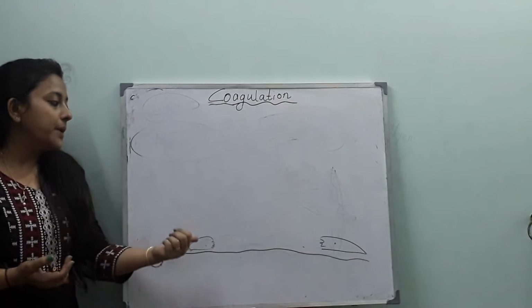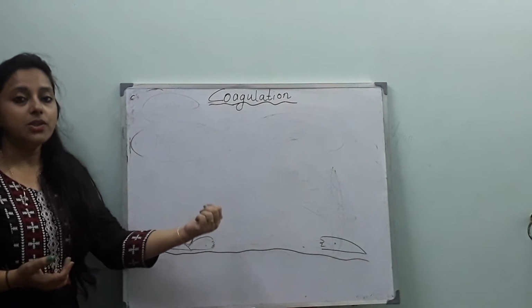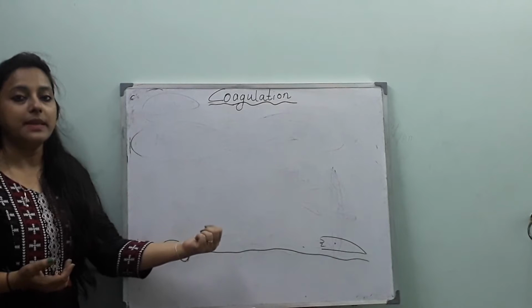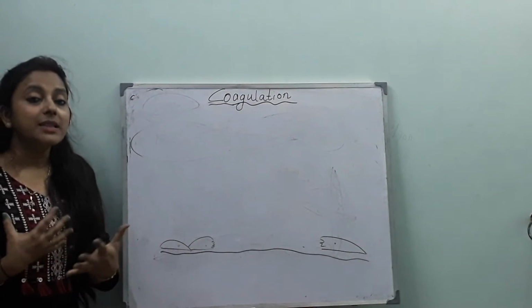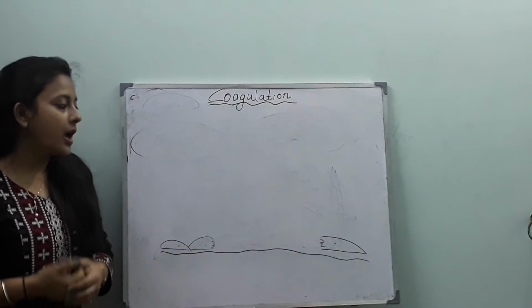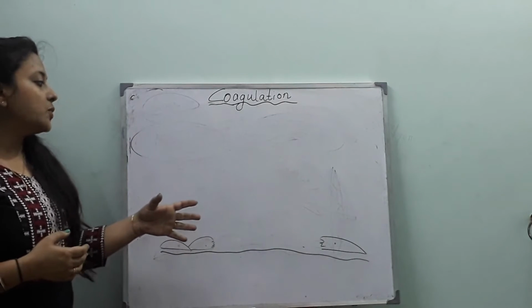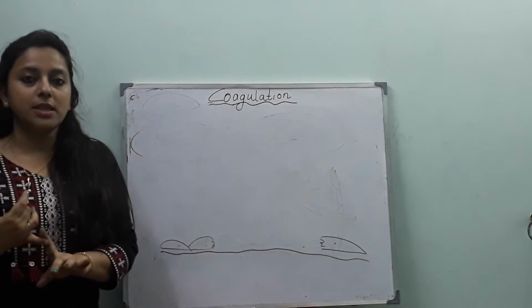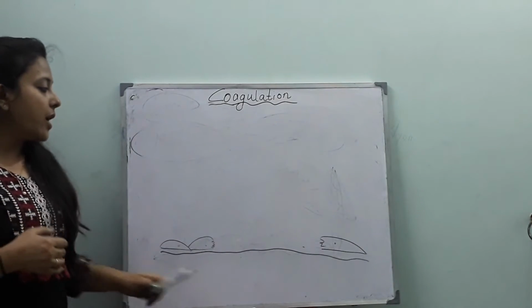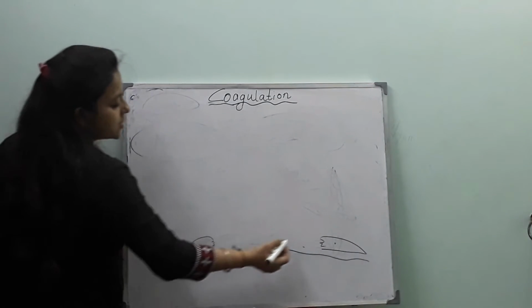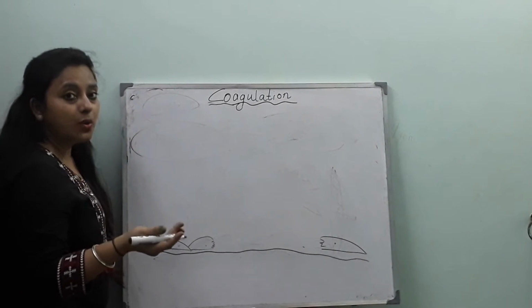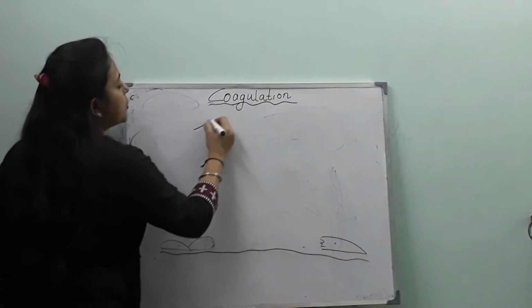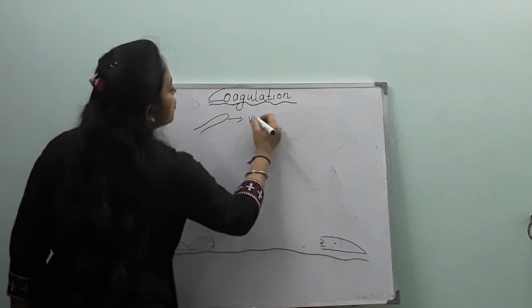Now what happens, as any injury happens inside the blood vessels, our tissue acts as a vasoconstrictor. Okay, how? The vasoconstriction process is done in three ways. First one, as any part is ruptured or damaged here, the neurons around it are also damaged, and the neurons produce vasoconstrictor.